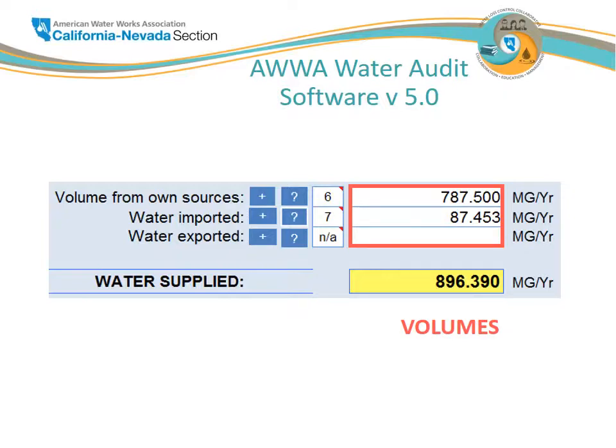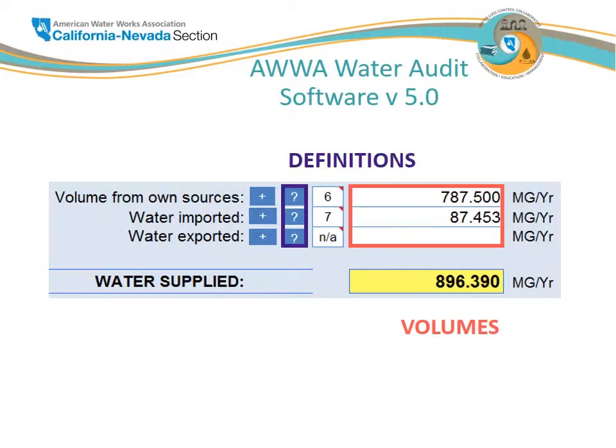So to the right-hand side of the screen, you'll see the highlighted cells. That's where you put the actual volume. And for each one of these inputs, you'll quickly learn that there's a bit of work to be done behind the scenes. So for every input, you'll probably have an Excel spreadsheet or a file that represents the raw data and shows the calculations of where that data came from and how it got to be that specific summary value.